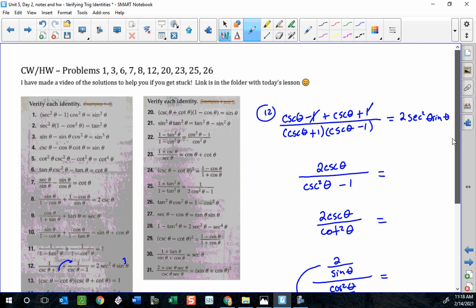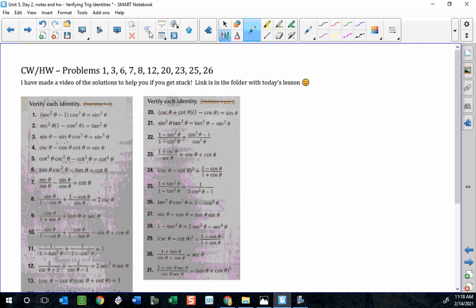That was number 12. Let's see, 20. So number 20. I think the most obvious thing to do on number 20 is to FOIL this out. So that's what I'm going to start to do for number 20. I got cosecant times 1, so that's cosecant. Cosecant times cosine, negative.